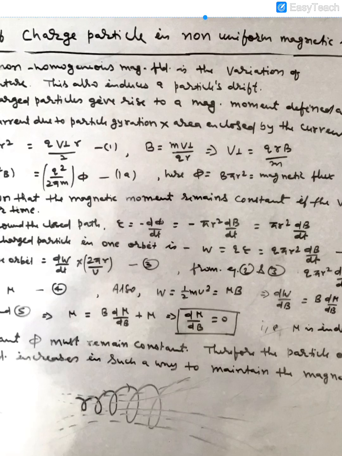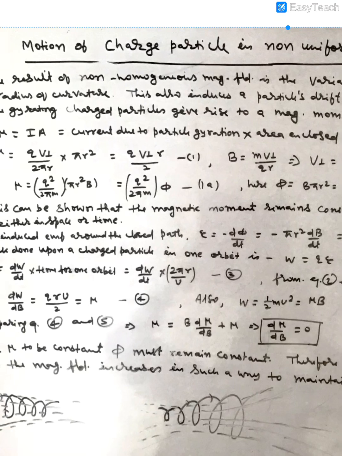Now substituting the value of V perpendicular into equation 1, we get the expression of mu, that is the magnetic moment, as q square upon 2 pi m into pi r square B, that is q square upon 2 pi m into phi. Here phi, that is pi r square B, represents the magnetic flux associated with the loop.